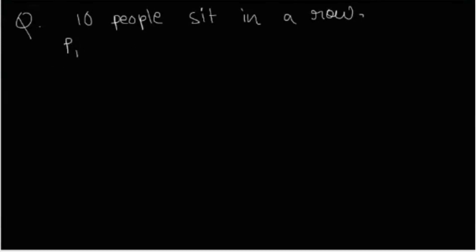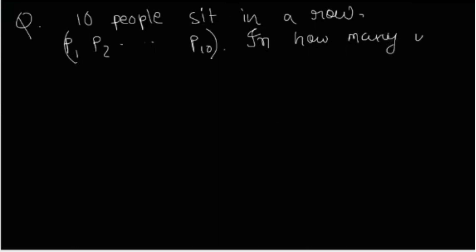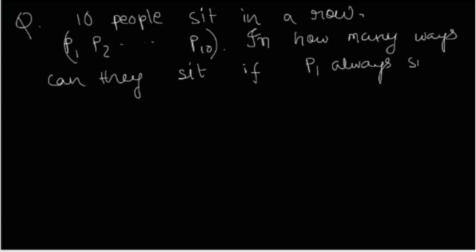These 10 people are P1, P2, up to P10. The question is, in how many ways can they sit such that P1 always sits with P2 and P3 never sits with P4?